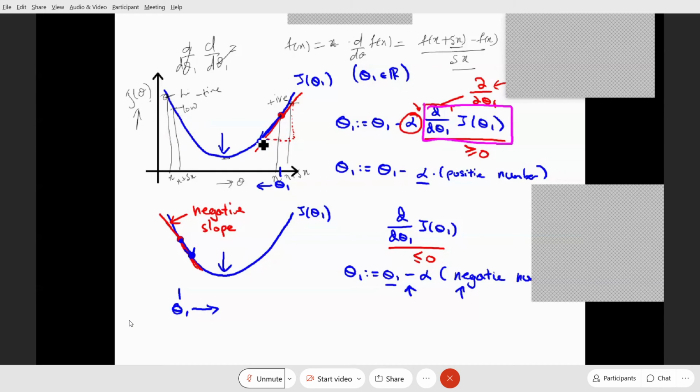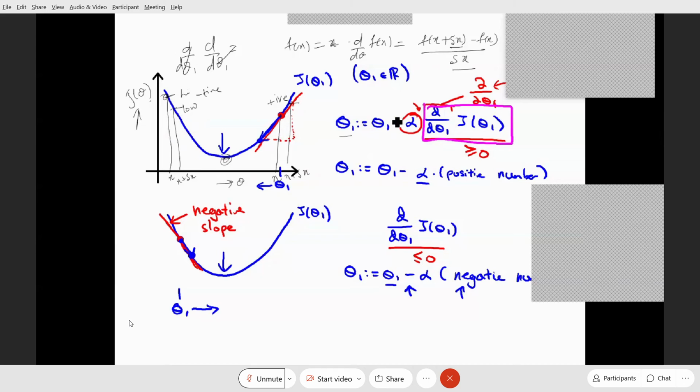If I am in the increasing side of the function, then I should not go ahead; rather I should come back, because I'm interested in the lower value of my J theta, isn't it? So I should come back. Therefore, this is my current value of theta 1 and this is my future value of theta 1.